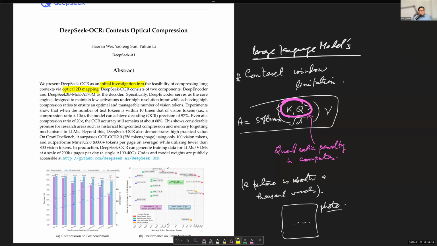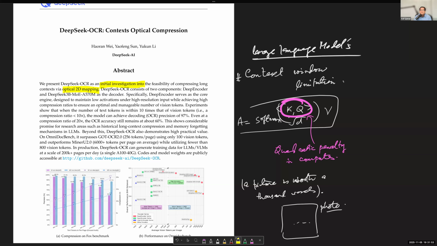So what they're saying is that the meat of the matter is in the deep encoder. That's the real deep. After that, the decoder is a standard mixture of experts decoder. One simple way of thinking of the decoder is just think of an LLM, a small LLM. But they are saying that the deep encoder is the real deep. It is designed to maintain low activations.